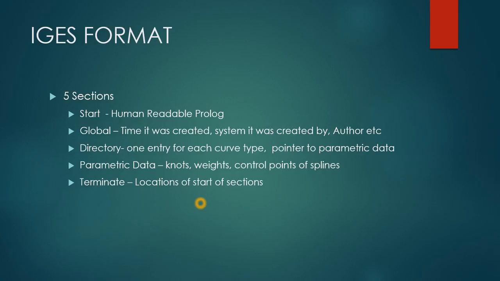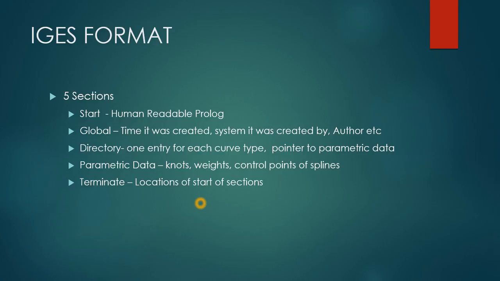Then a global section, which gives information about what system created this file, when it was created, who authored it. Then there's a directory section, which for each geometric object or IGES primitive, has just some overall information about where to find that object in the file, in the parametric data.